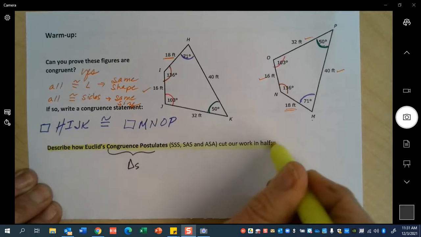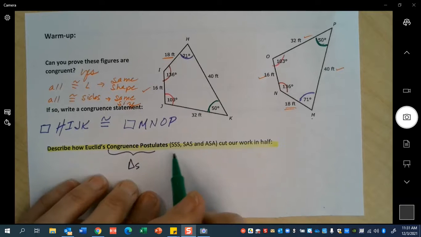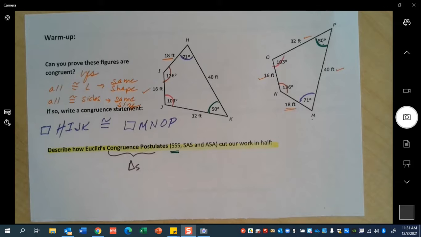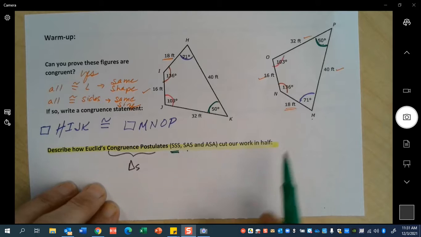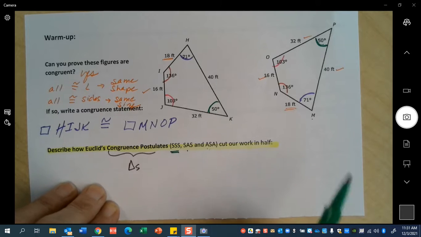He came up with these postulates, and he says, if you can find three sides of a triangle only that are congruent, you don't have to worry about the angles. Like, okay. All right. Thank you. Anything else? He says, if you can find two sides and the included angle, you don't have to find anything else. If you can find two angles and the included side, you don't have to find anything else.